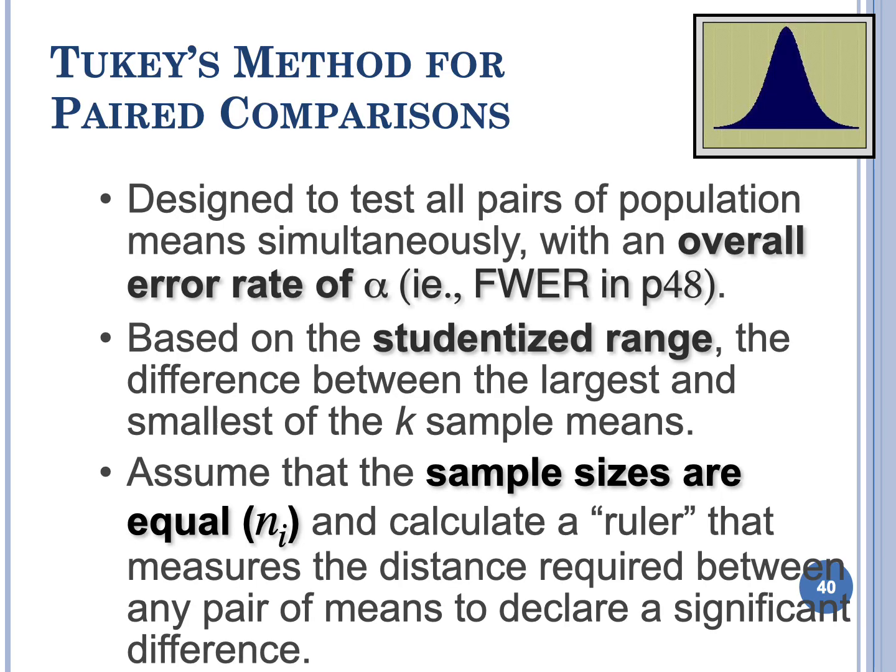Here we assume that the sample sizes for each treatment i are equal. The idea is that we will calculate a ruler that measures the distance required between any pair of means to declare a significant difference.